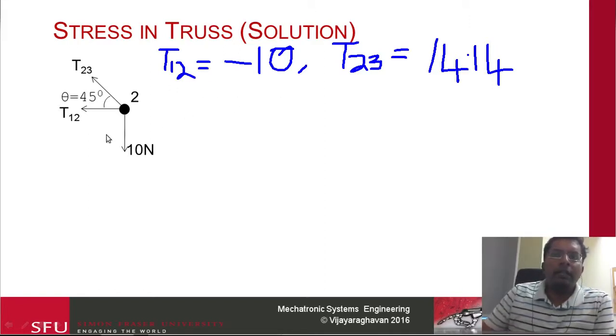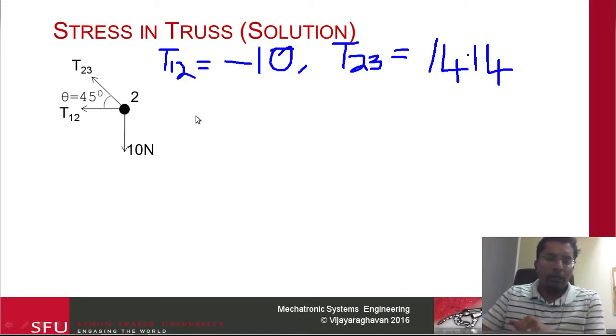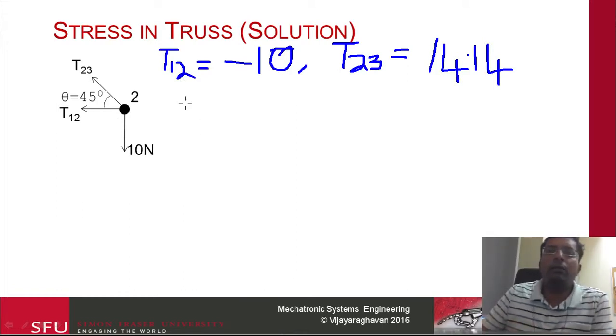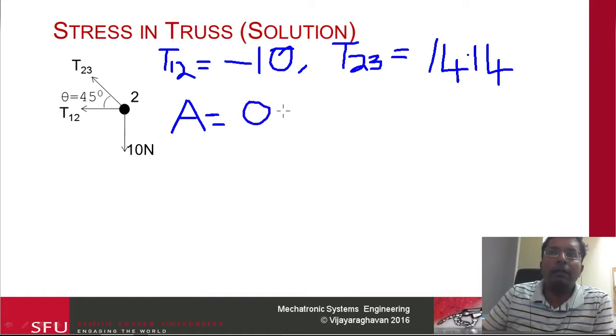What is going to happen next is if I want to calculate the stress, I need to divide each of these by the cross-section area. If you recollect, the cross-section area is the same for both, and for a rectangle it's going to be base times height. Since base and height were both 0.1, this becomes 0.1 meter squared.